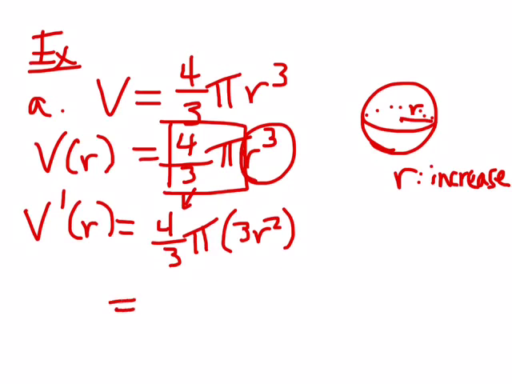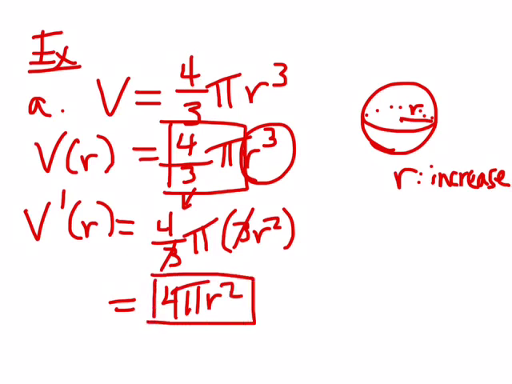And I can simplify that. Notice that the 3's cancel, or you could have done 4 times 3 is 12, and then 12 divided by 3 is 4. So I get 4 pi r squared. What's interesting is that is the volume of the sphere up here. If you do the derivative, this is actually the formula for the surface area of the sphere, which is interesting.